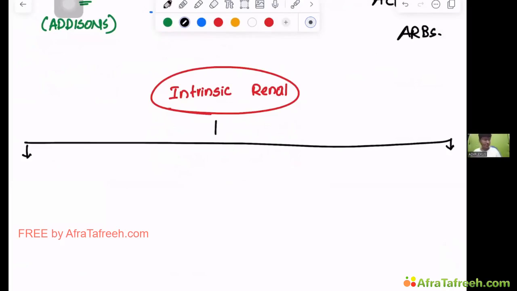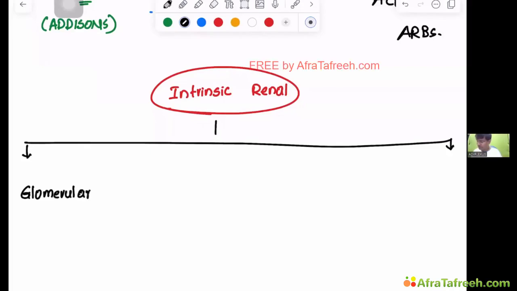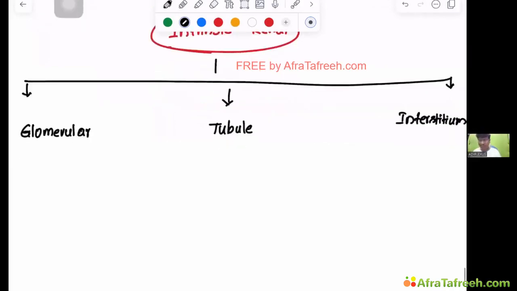The intrinsic renal causes include the pathology in the glomerulus, so one is your glomerular pathology. Next, pathology can be in the tubule, and pathology can be in the interstitium of the kidney. These are the three important structures present within the kidney.